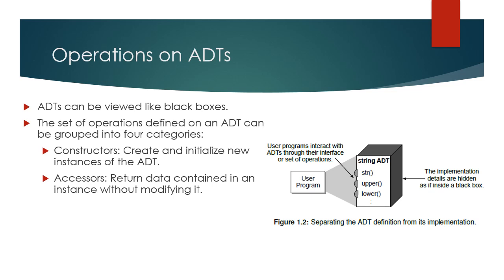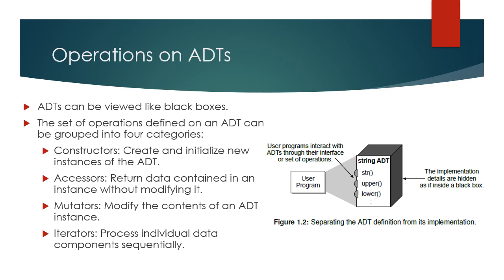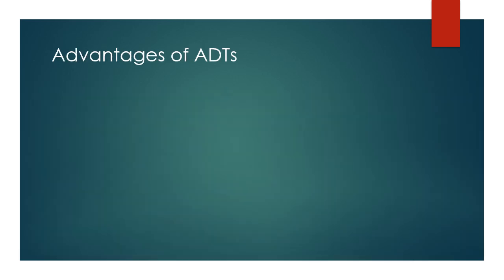Accessors return data contained in an instance without modifying it, the get methods. Mutators modify the contents of an ADT instance, the set methods. Iterators process individual data components sequentially.